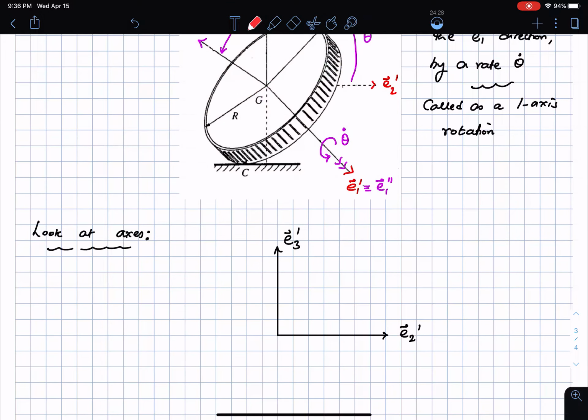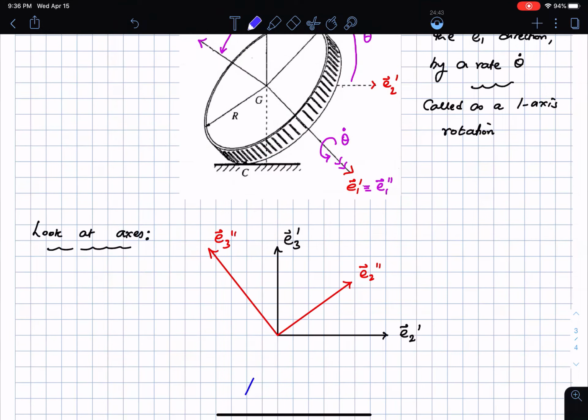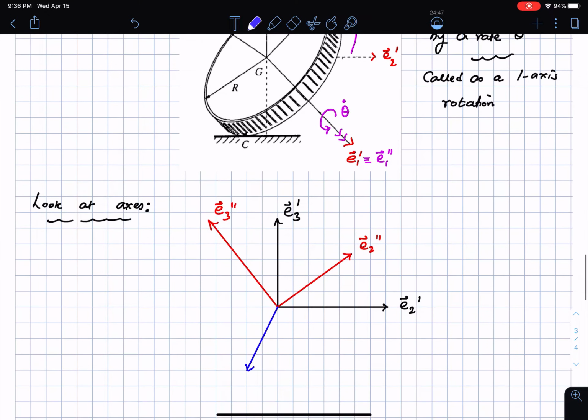Then I'm going to have E2 double prime, and then E3 double prime, and these are all going to have this direction which is coming out of the page, which is my E1 prime, which is the same as E1 double prime.